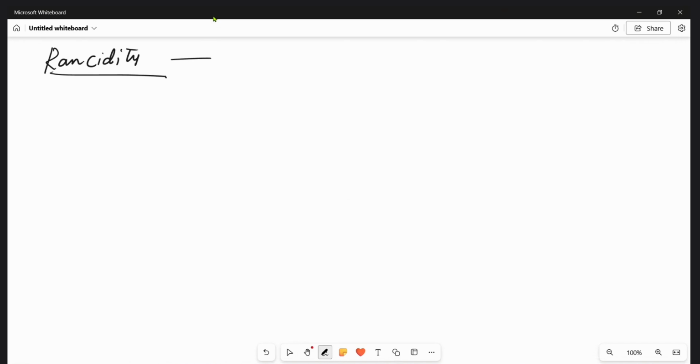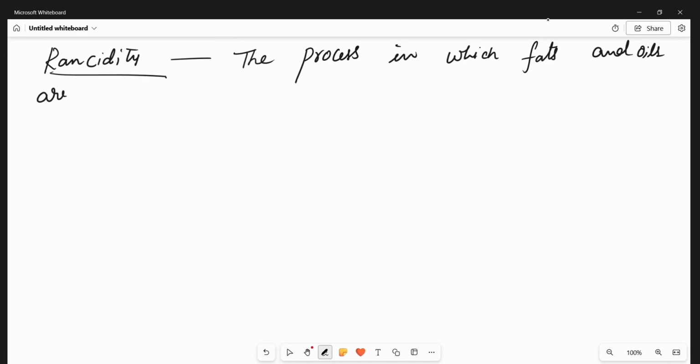Write down that the process in which fats and oils are oxidized is called rancidity.